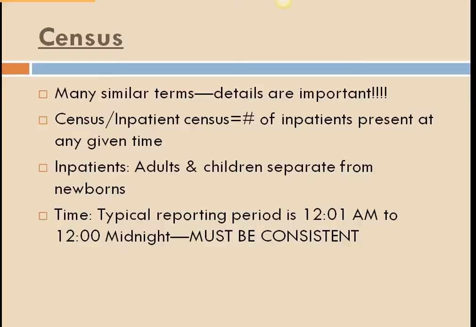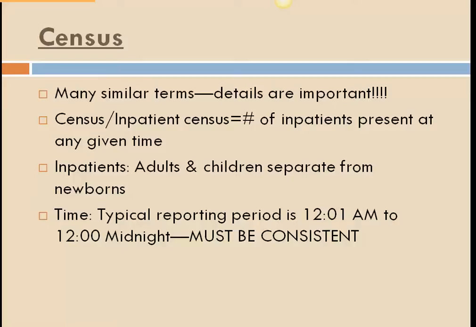Okay, first one that we're going to look at, as I said, it can be confusing. Different facilities and different textbooks use these two terms interchangeably, census and inpatient census. But either one of those is referring to the number of inpatients that is present at any given time. Now we're going to break that definition down a little bit.